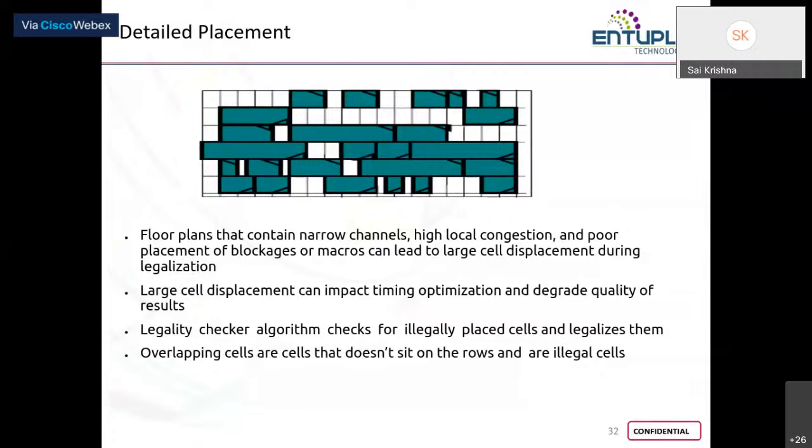Let's just assume that in a single row you have two cells A and B, and the opposite faces for both the cells contain pins. Let's assume that a spacing of 5 microns is required between both of them.